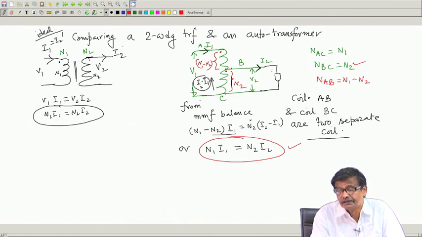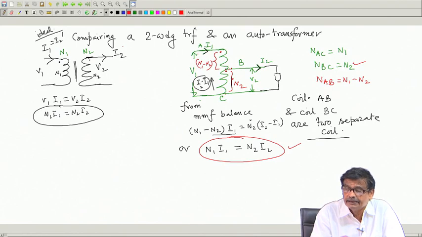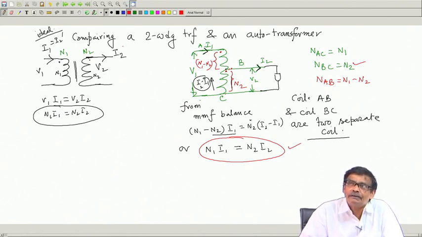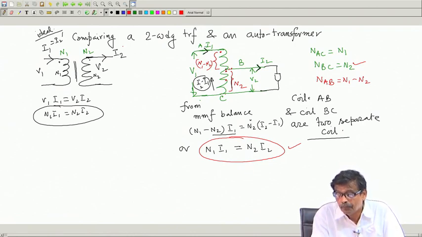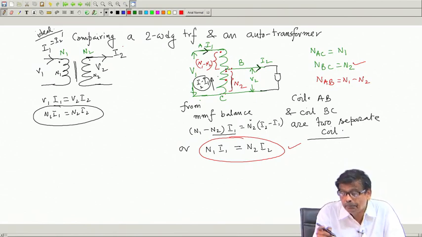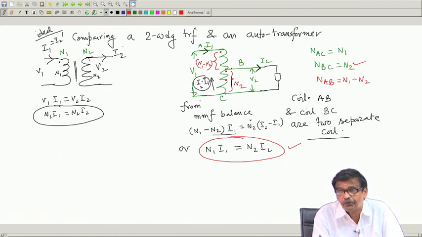Suppose I 2 is the rated current, I 1 will be rated current, no doubt this will be high whatever it is, but in this portion the magnitude of the current will be quite small, and therefore, the sectional area of copper, whatever copper you are using for N 2 number of turns, it will be much thinner compared to the sectional area of this portion.